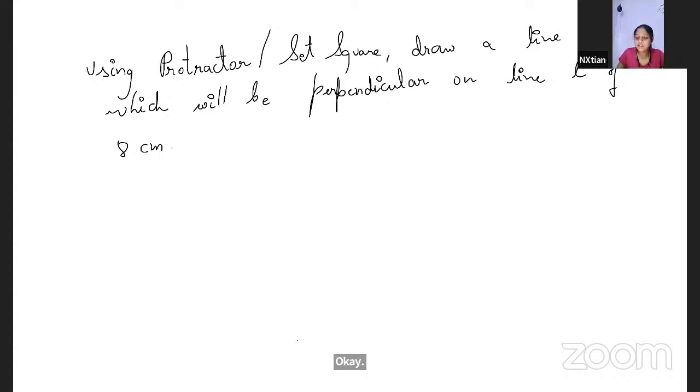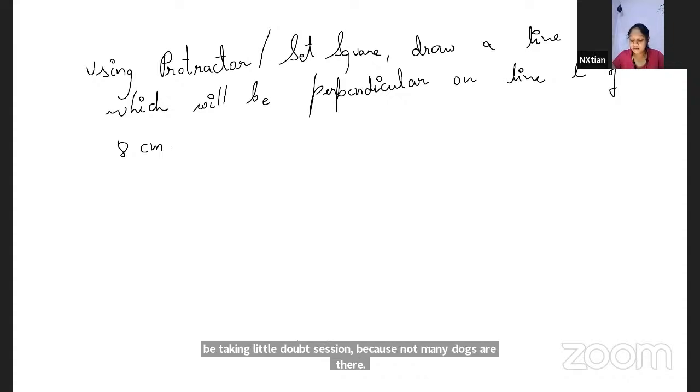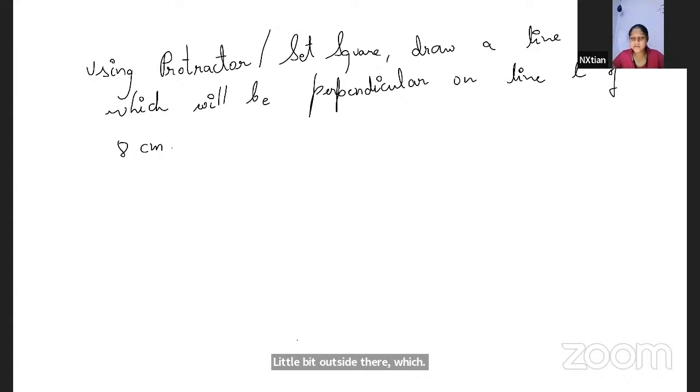I'll be taking a little doubt session, because not many doubts are there. A little bit of doubts are there, which I'll take with you. Because it's diagrams again, one second, I'll show you.